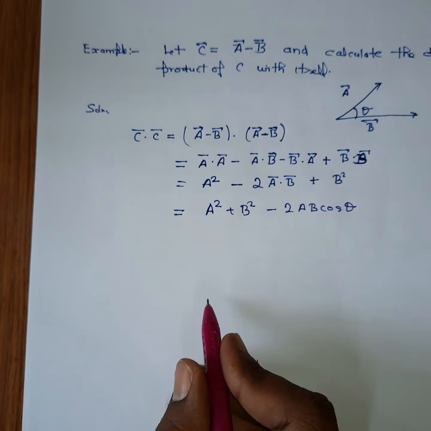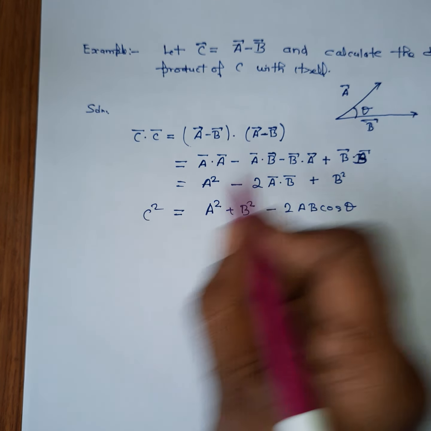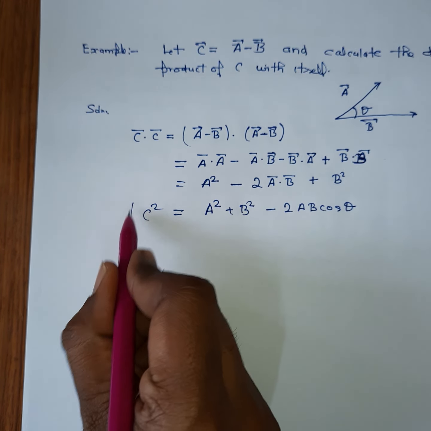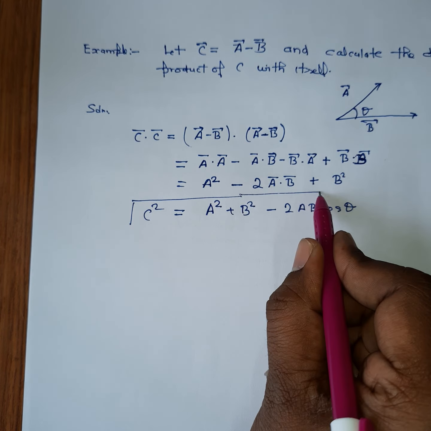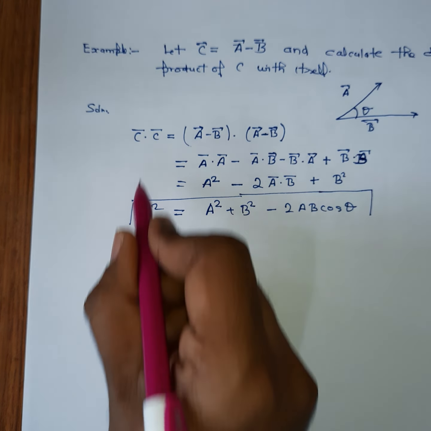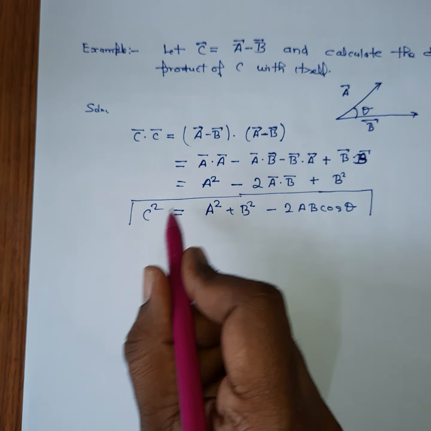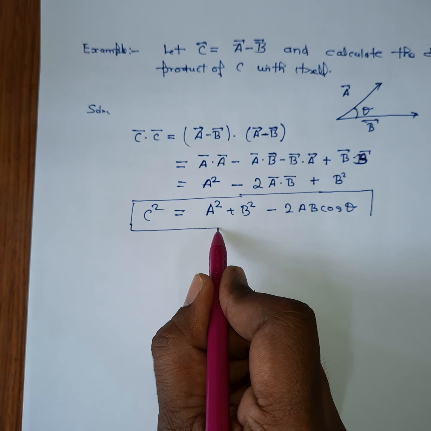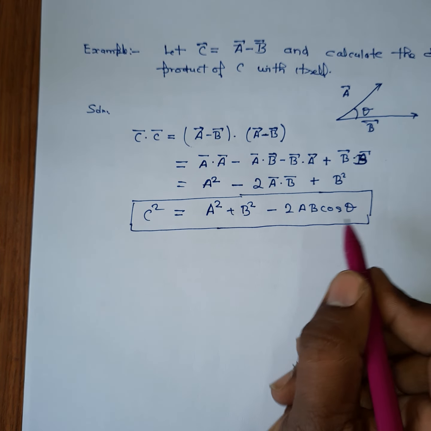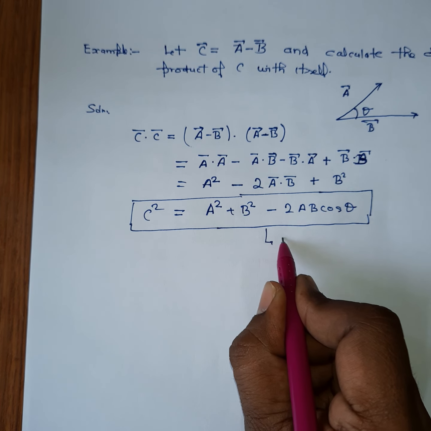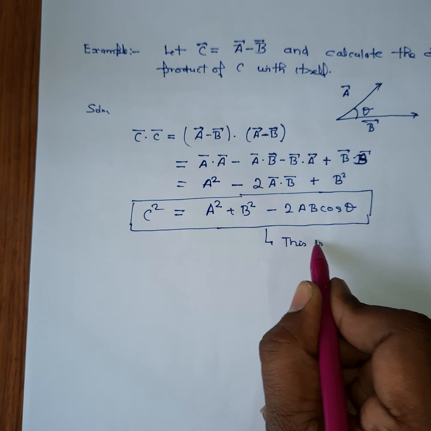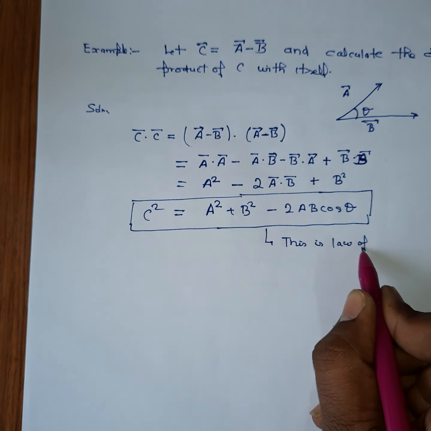So this relation, C square, because C dot C is as you have written, A dot A is equal to A square, is also called the law of cosines.